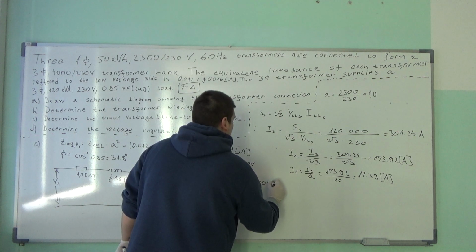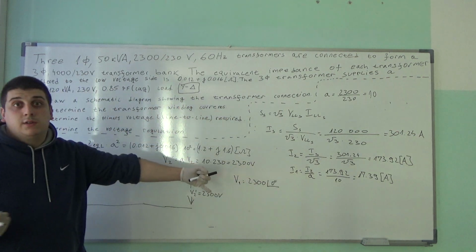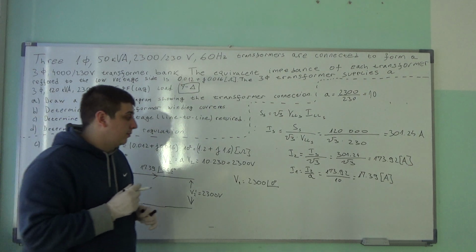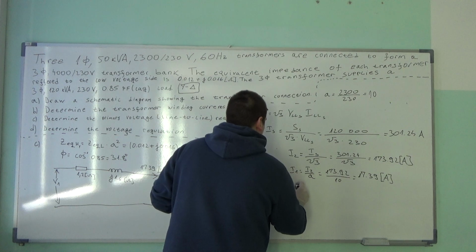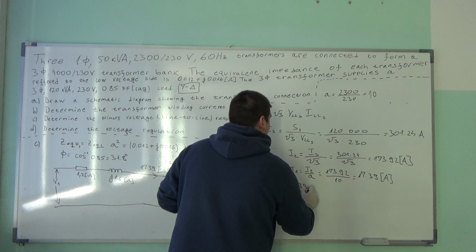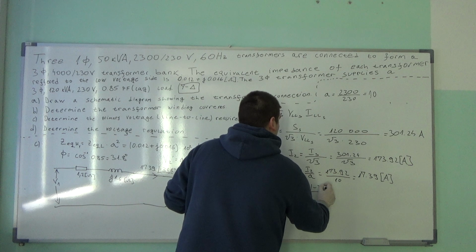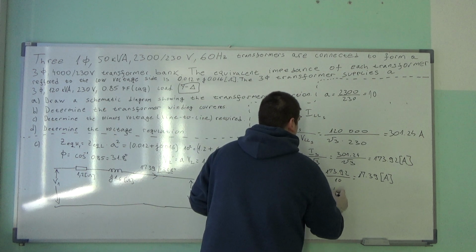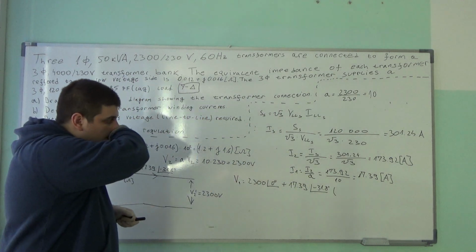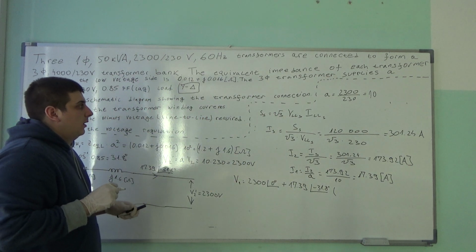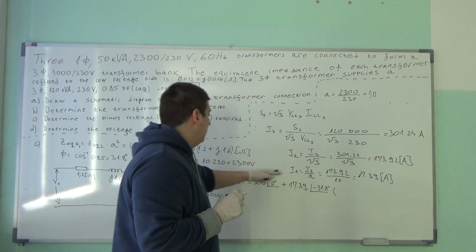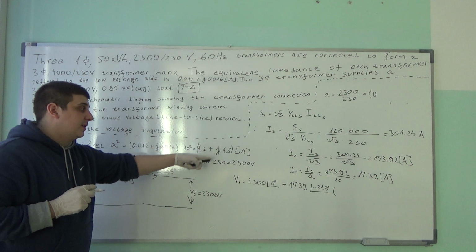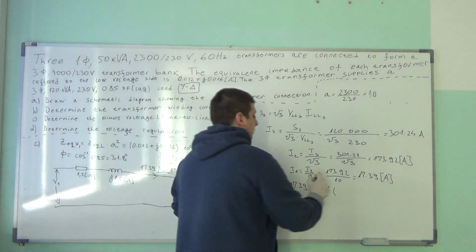I can write like this: its angle is 0 degrees plus 17.39 minus 31.8 degrees times the impedance, which is equal to 1.2 plus j1.6.